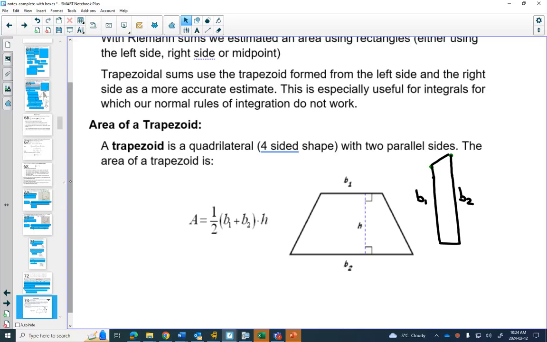So in our sums that we're going to do, we're going to take the average of B1 and B2 and multiply by the height, and the height in this case will be right there. Okay?